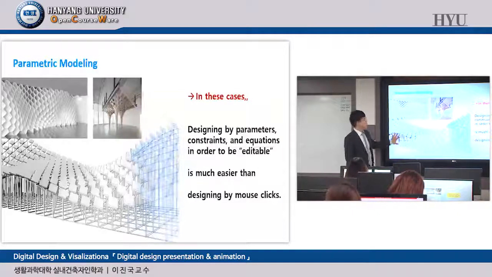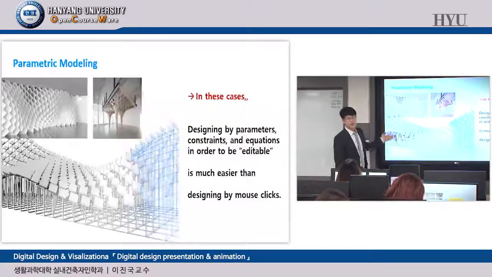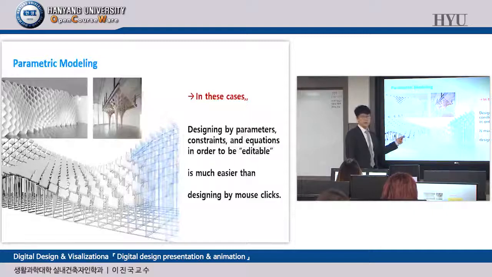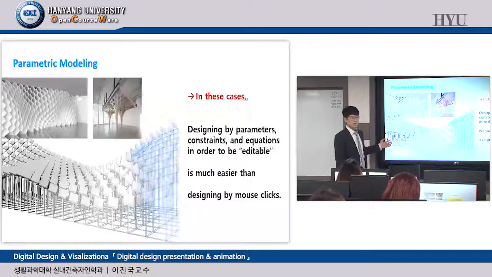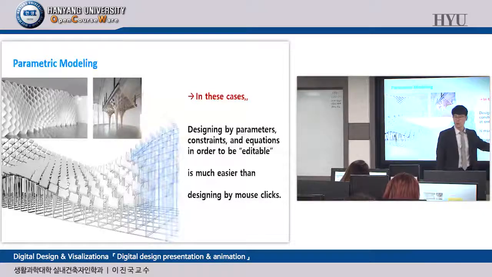But how to realize it in the real world? So manufacturers need to know the width, height, thickness, and the height of this stand, okay? But in a SketchUp model, in a Rhino or 3D Max model, we have to measure one by one, because this one was designed by mouse click, okay?